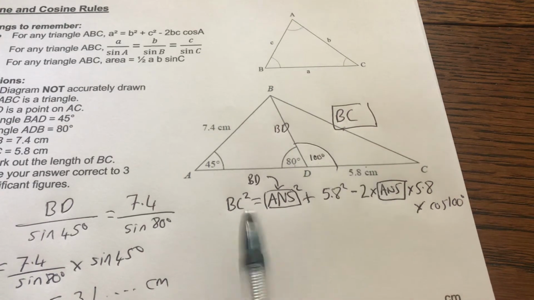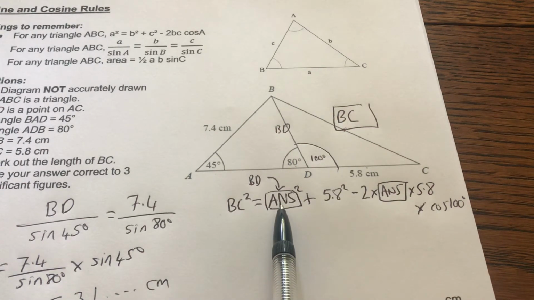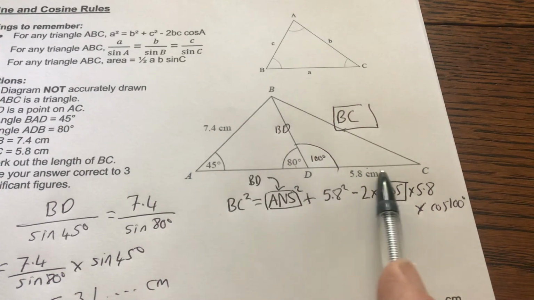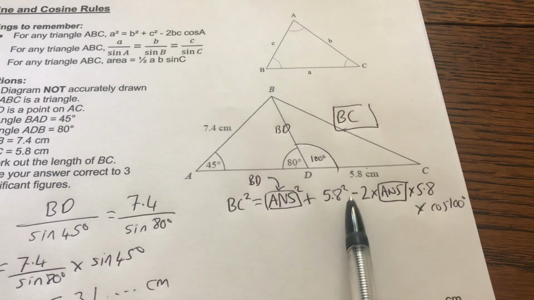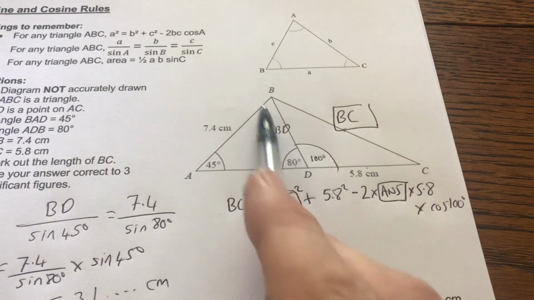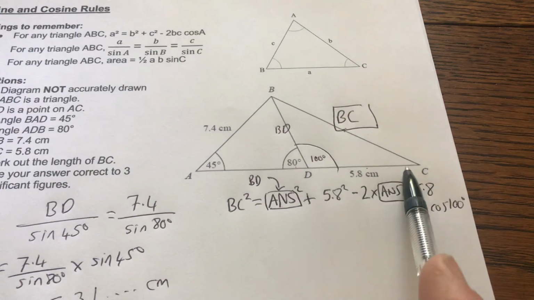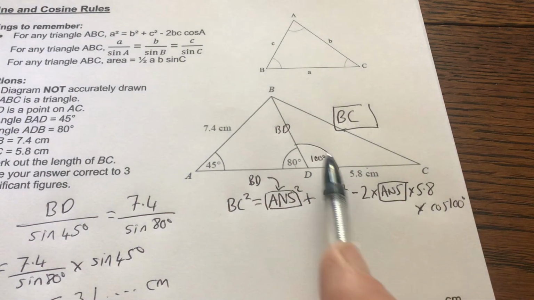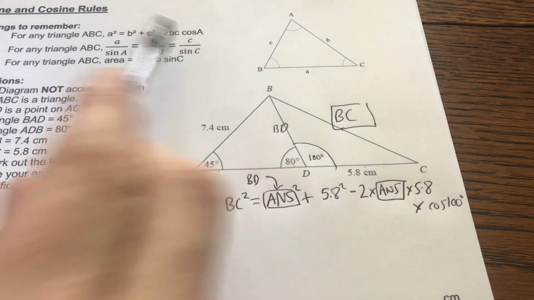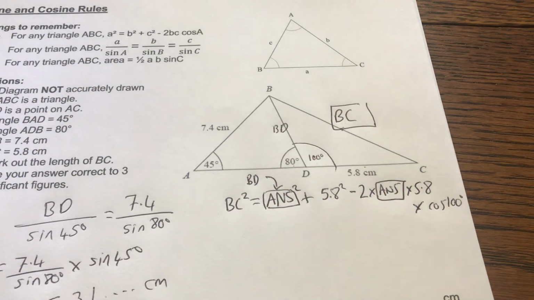So what we're trying to get squared is the answer squared from the last bit, plus 5.8 squared minus 2 times answer times 5.8 times cosine 100. If you know your cosine rule well, then that will fall into place.